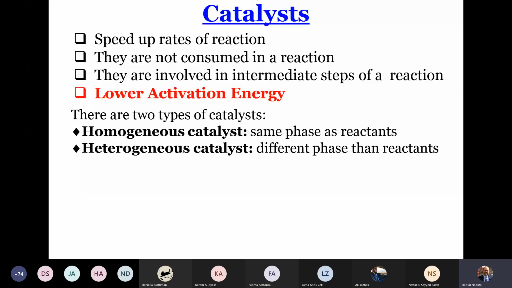In the chemical industry, we prefer to use heterogeneous catalysts, since in most cases the catalysts are expensive, and at the end of our reaction, we can regenerate this catalyst and reactivate it in order to use it again in the chemical reaction.